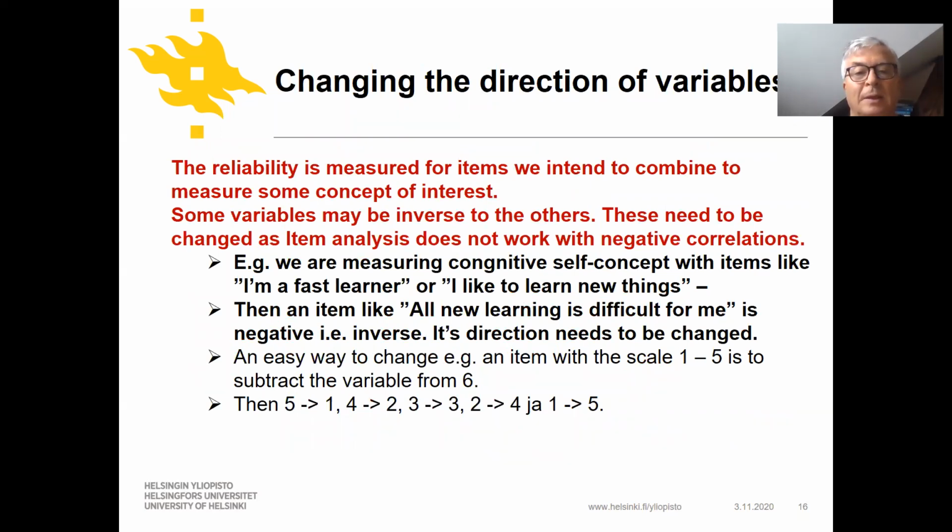There's one thing we need to be aware of before we start, and that's the direction of variables. The item analysis is a fairly old-fashioned program, so it doesn't do things that we would kind of expect it to do.